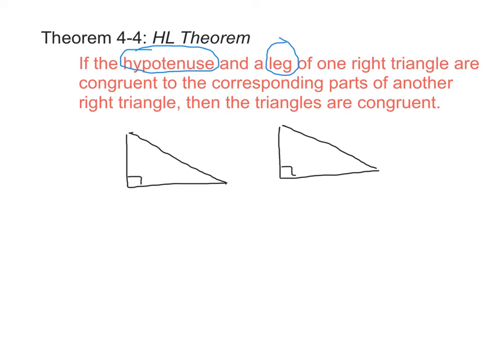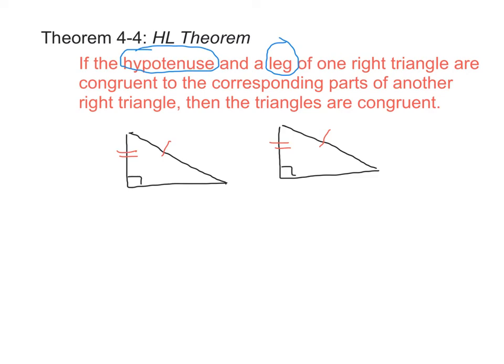So let's look at two right triangles here. So let's assume that the hypotenuses are congruent and one of the legs. That is sufficient to prove these two right triangles congruent.